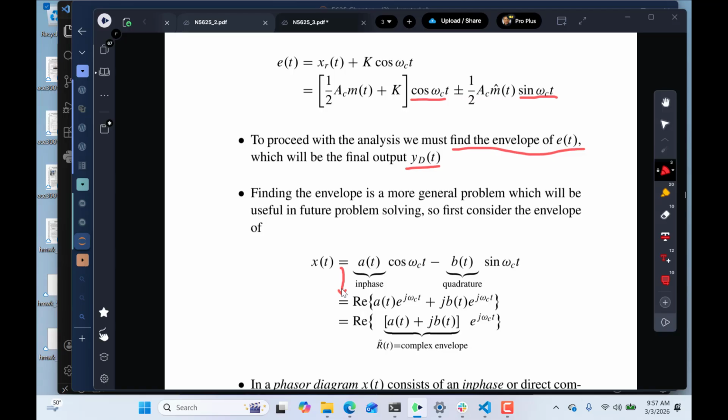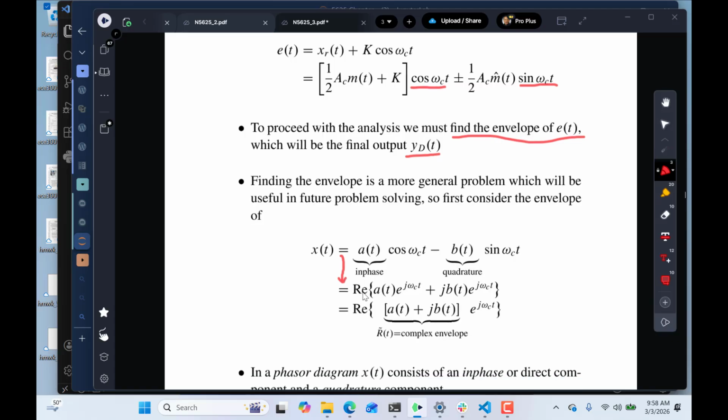So now I can pull the A of t and jB of t out, and factor the e to the j omega ct out. And I'm just telling you that this representation of a real signal, received or transmitted, because it applies in both cases, will be something we can put up on the airwaves, or we can receive on the airwaves. But inside of it, we can model it now as saying it's composed of the so-called complex envelope times the carrier, and then the real part of that.